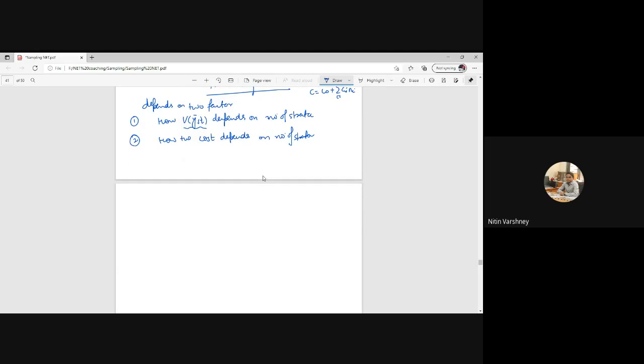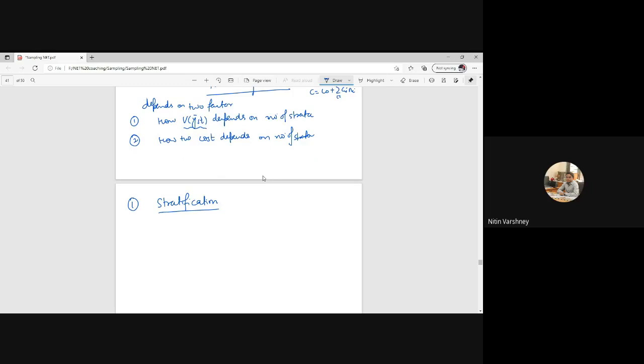First, how to make the strata? We will make stratification with respect to our study variable.